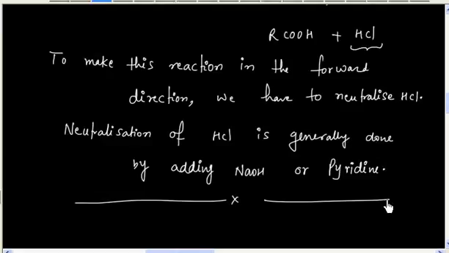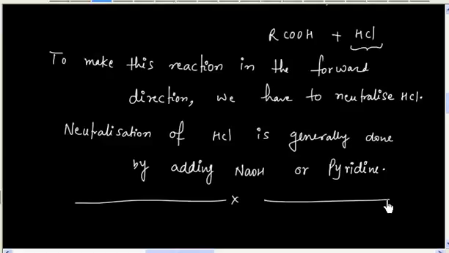So in this lecture, we discussed hydrolysis of acid halide. Acid halide can be easily hydrolyzed in the presence of water. Unlike other derivatives that require a catalyst, acid halide does not require any catalyst. It can be simply hydrolyzed in the presence of water.